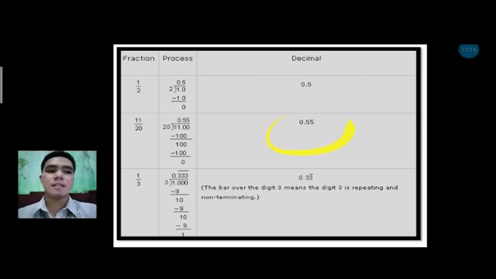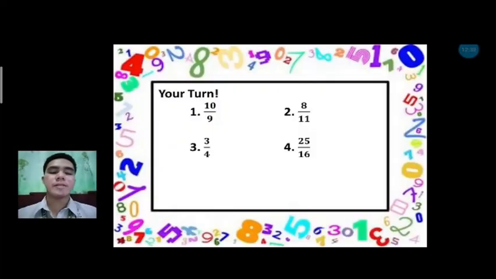Then, that is 0.55 in decimal form. 1/3, long division, then 0.3333 and so on and so forth, because we have here vinculum, which means that 3 is being repeated, or the repeating digit.